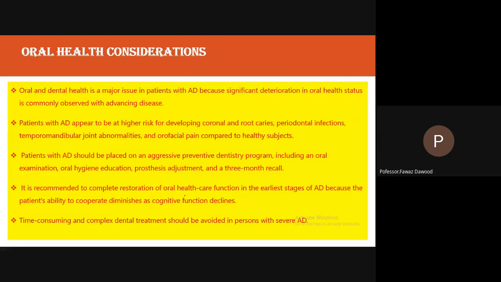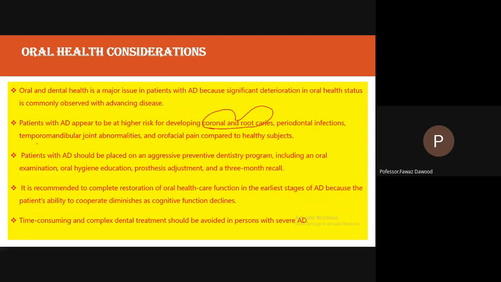Consideration when you are going to deal with these types of patients. First of all, the oral hygiene. Those types of patients need a strict oral hygiene. يجب أن تحط على good oral hygiene because they are complaining from coronal and root caries, and mostly they are associated with periodontal disease and infection.